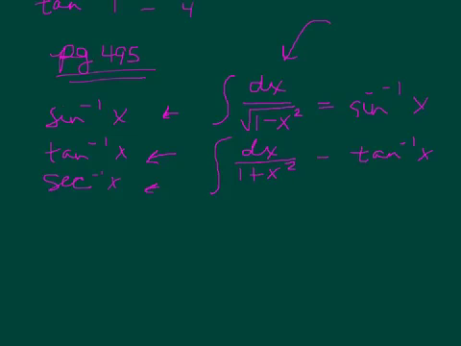I'm writing it as an antiderivative, so that's why I have my little integral symbol. The integral of dx over 1 plus x squared would be inverse tangent. Again, notice it has no radical, and this time you're adding those two together. And the third one was secant. It's unique in another way because it has that same matching variable out front, and then you have a square root, and this time the variable comes first and the number 1 comes second, and it is subtraction.